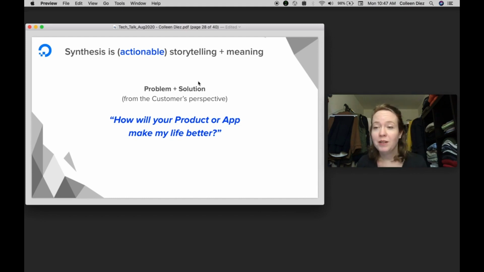So once you've done all this analysis, then what? Then you might be thinking, okay, well, now I've got to synthesize this stuff, and how do I do that? When we think about synthesis, it really is actionable. It should be actionable, and it is storytelling. So you're putting meaning behind all of that analysis that you've already done, and you're not just looking at the problem anymore.